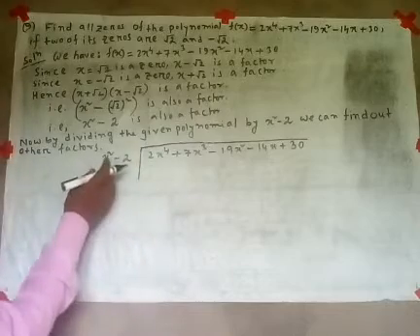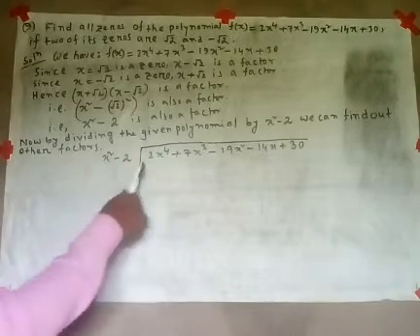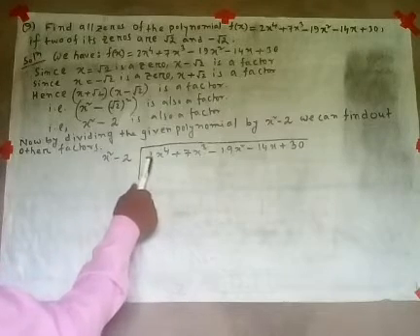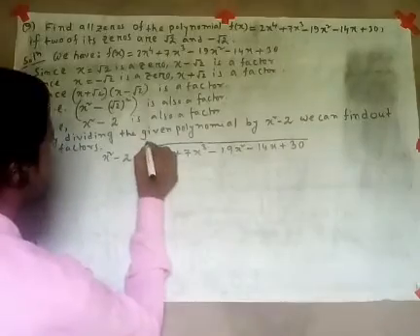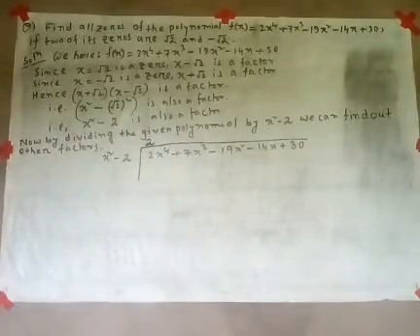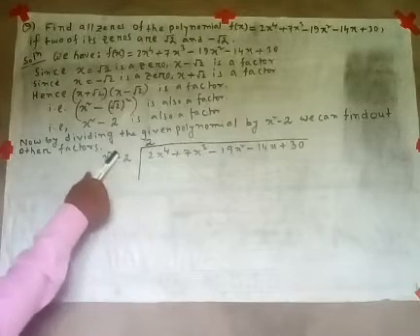Look, in the divisor the leading term is x square, and in the dividend it is 2x to the power 4. It means we need a 2x square, since x to the power 4 is 2 more than x square.